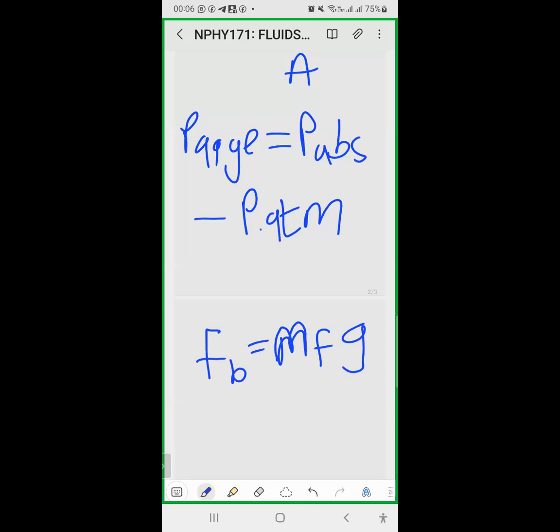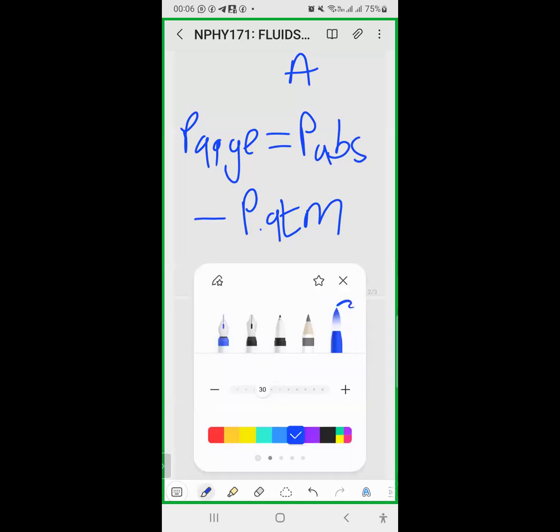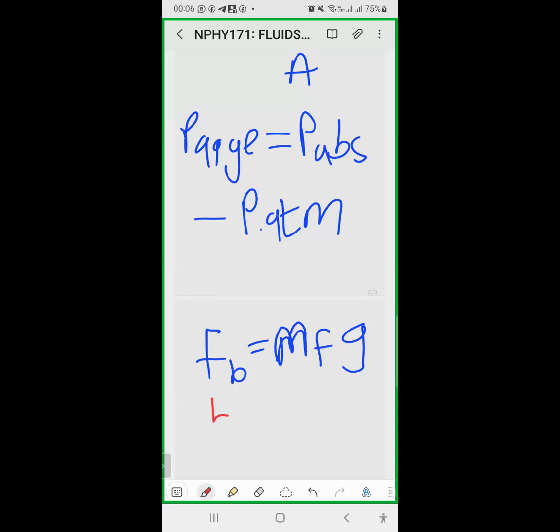Here F_B is the buoyant force that comes from the surrounding fluid, and it is acting on that body. So this buoyant force is given by the mass of the fluid multiplied by g.